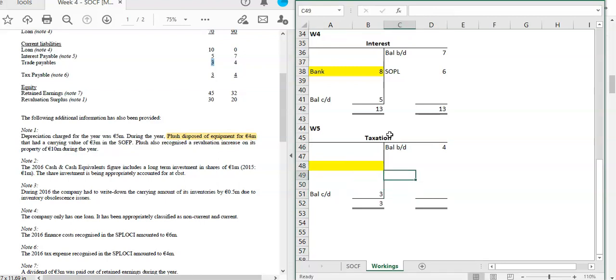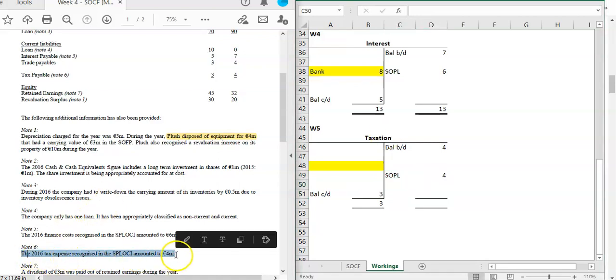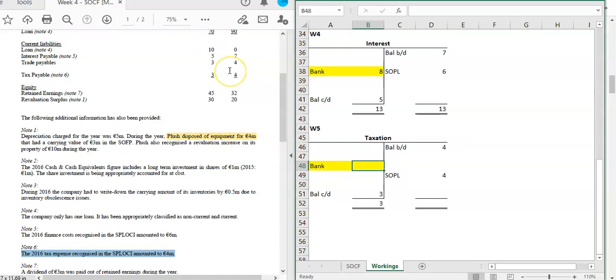And the only things that move it during the year are the expense, which is 4 million from note 6, or the amount that you paid to bank. It's the same question the whole time. If there's no opening or closing balance, then you just take the figure that's in the P&L. It's actually a bit easier. But in this question, we had opening and closing balances for both interest and tax.